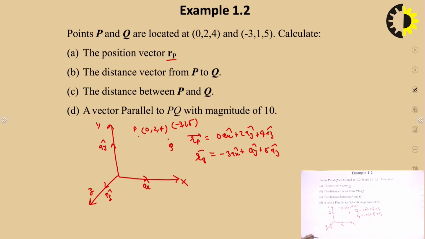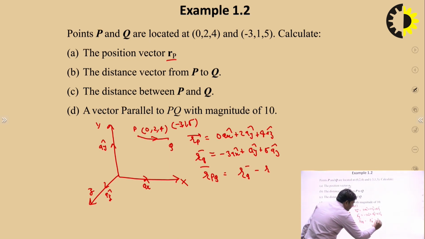Now we calculate the distance vector P to Q. What is the meaning of this? P to Q means RPQ, so RPQ is RQ minus RP.